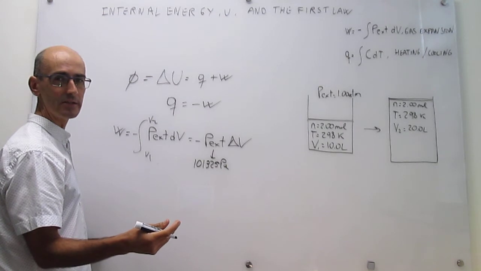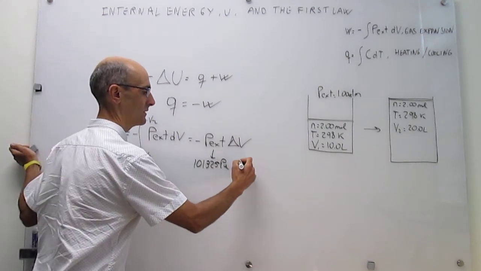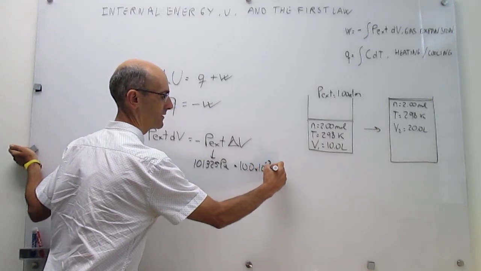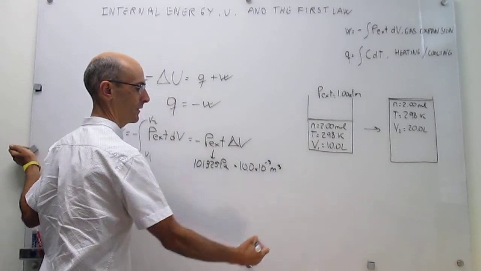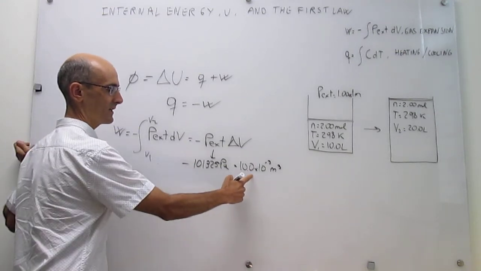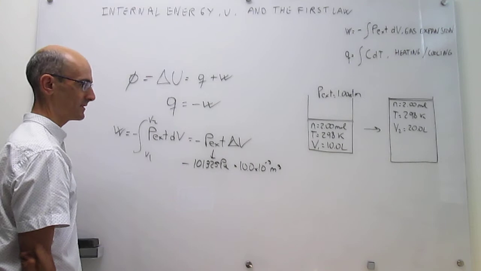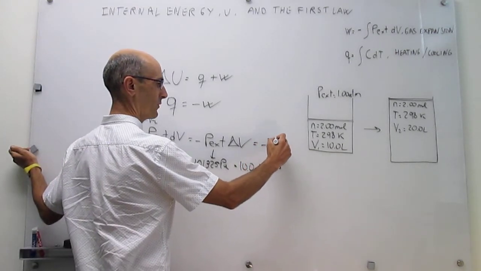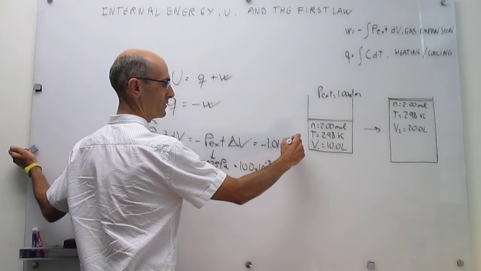Delta V is 10 liters, but that is going to be 10 to the minus 3 cubic meters. Okay, so that is our external pressure times change in volume in SI units, and this number happens then to be minus 1.01 times 10 to the 3 joules.